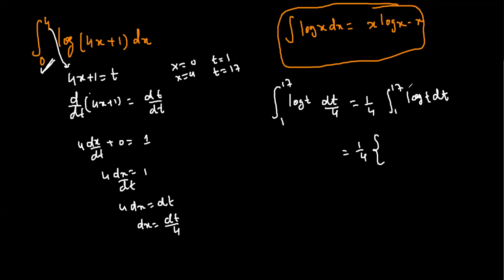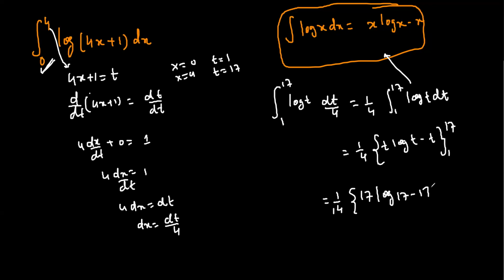Integration of log t. Now compare with this: t log t minus t, right? This is your formula. Put 17. First we put the upper limit, and now put 1.